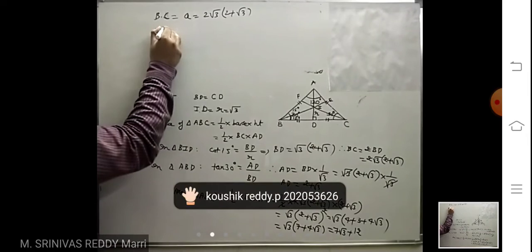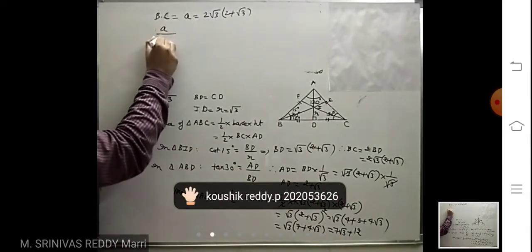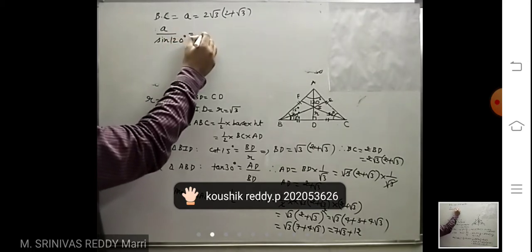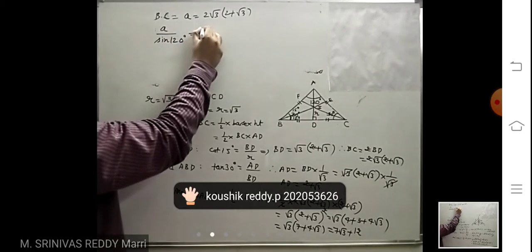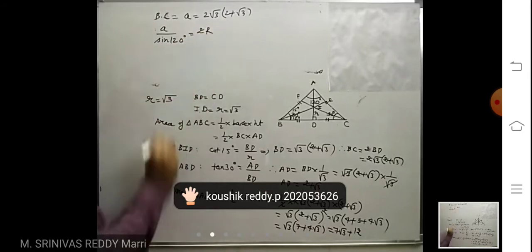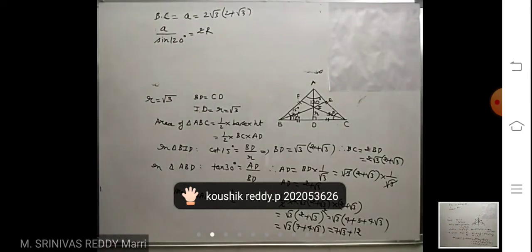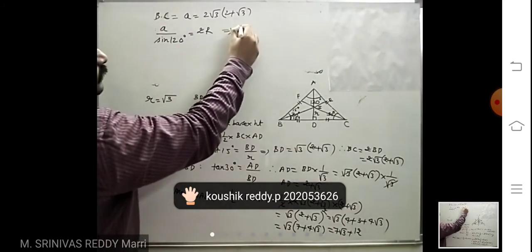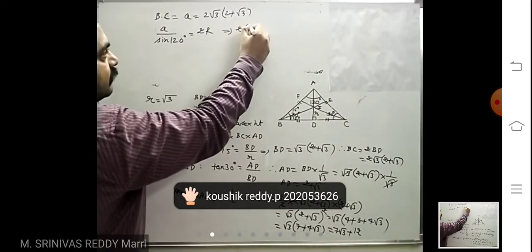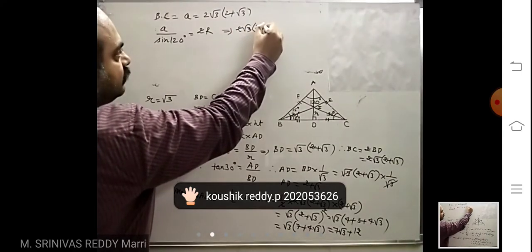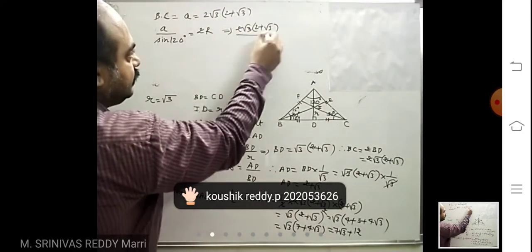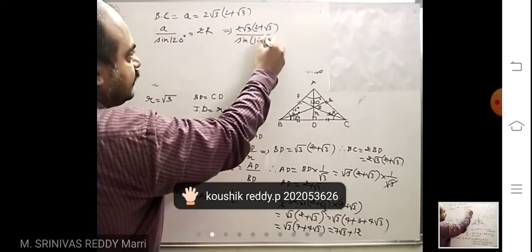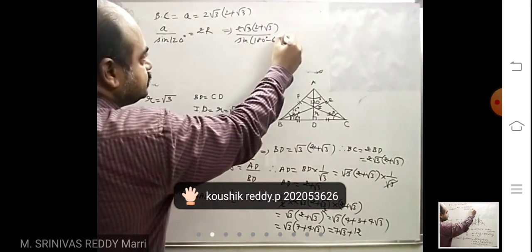This is a divided by sine of opposite angle, sine 120 degree equals 2r. Let us say circumradius is r. What is the formula? a by sine A is nothing but this one. a is nothing but 2 root 3 into 2 plus root 3 divided by sine of this is 180 degree minus 60 degree.